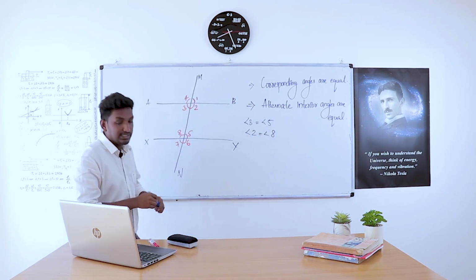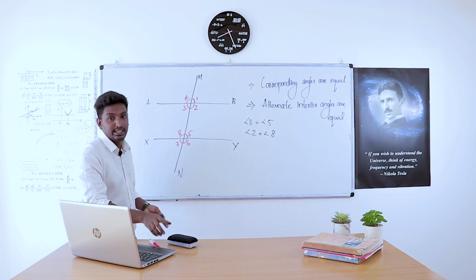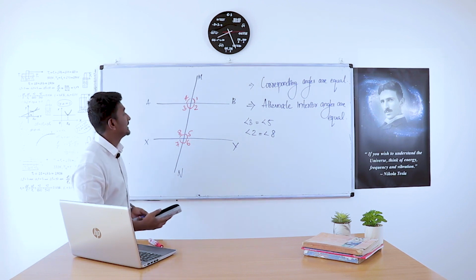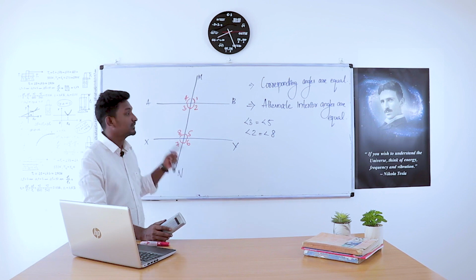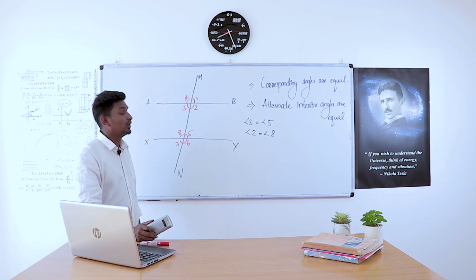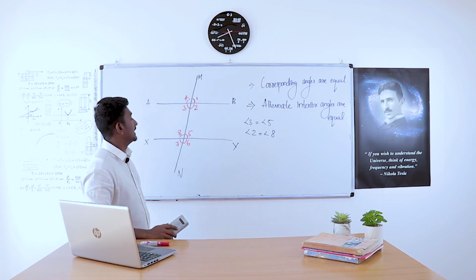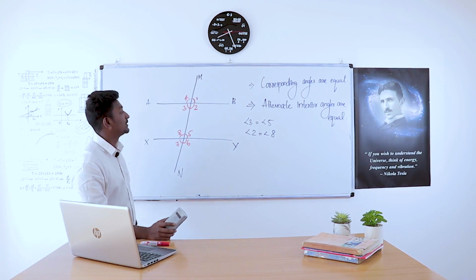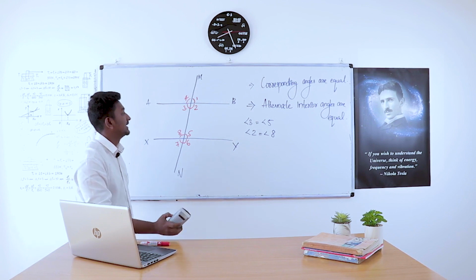These are alternate interior angles, and in this case alternate interior angles are equal. That is, angle 3 equals angle 5 and angle 2 equals angle 8. Clear?